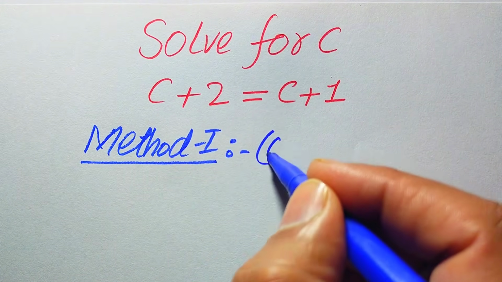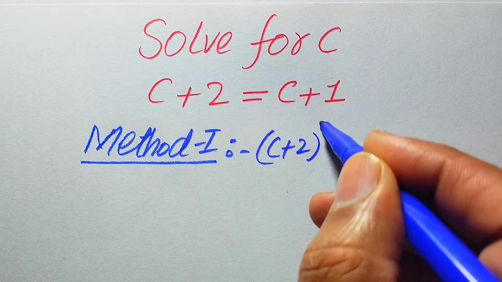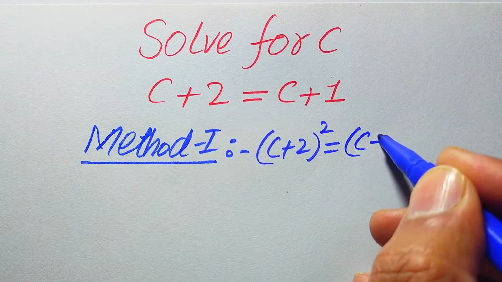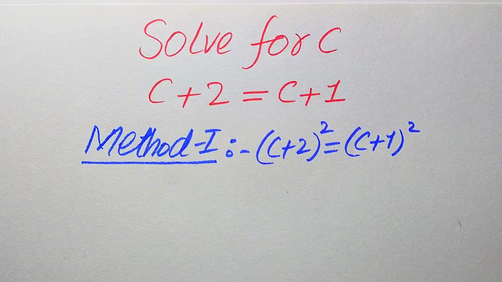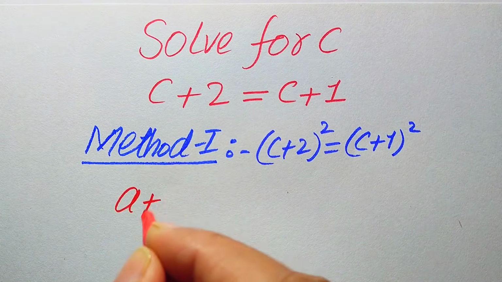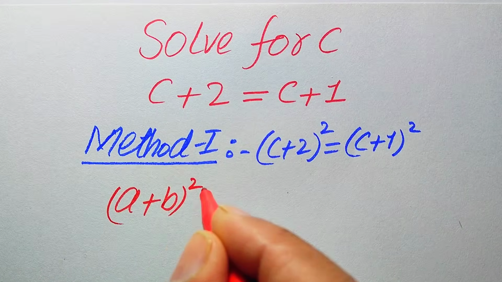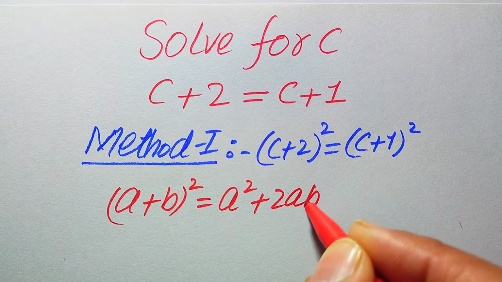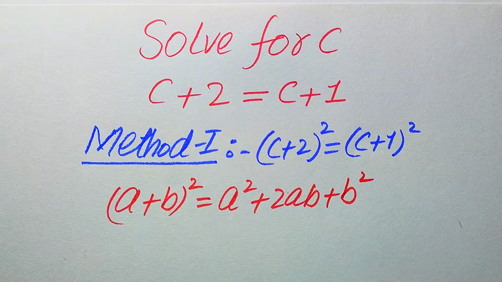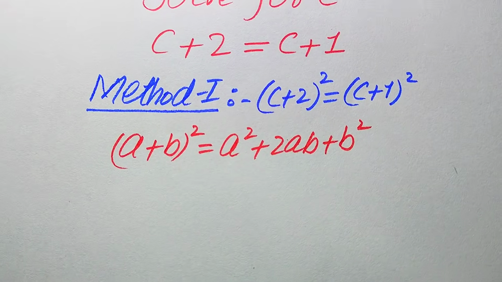For this we square both sides, and we have (c plus 2) whole squared equals (c plus 1) whole squared. Now in the next step we use the nice algebraic formula you know: (a plus b) whole squared equals a squared plus 2ab plus b squared. So we apply this formula on both sides of this equation.